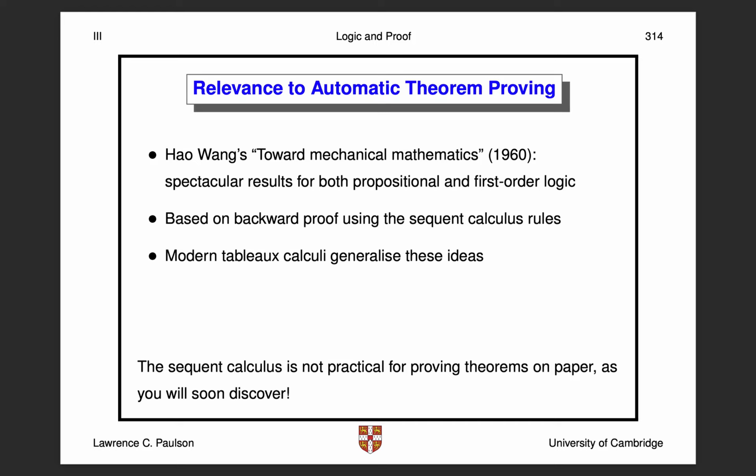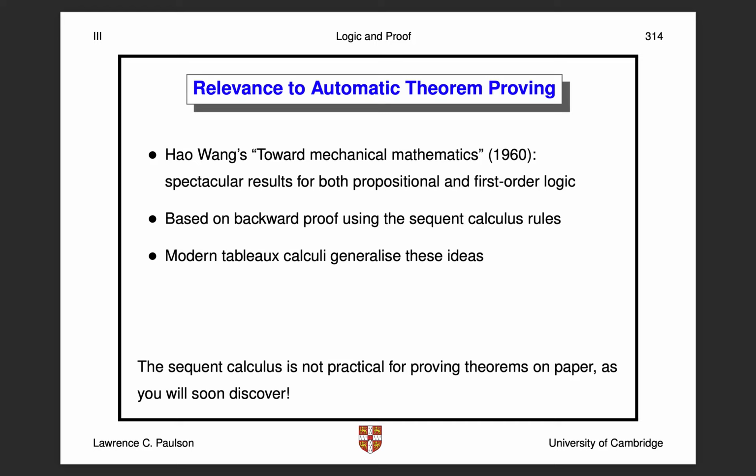And although it's a rather long paper, within it you will find all the sequent rules, first of propositional logic, and then he continues with first-order logic as well. And the proof method that he provides, that he has implemented, that he reports on, is doing exactly what we have been doing by hand. That is, taking a formula, creating a sequent from it, and using the sequent calculus rules backwards.